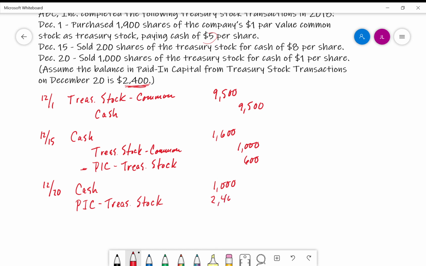So we have to debit that for $2,400. Now, the difference, we should have debited that for $4,000, which is a difference of $1,600. Since we didn't have that in paid-in capital, that has to come out of our retained earnings. So we're going to debit retained earnings for the $1,600.